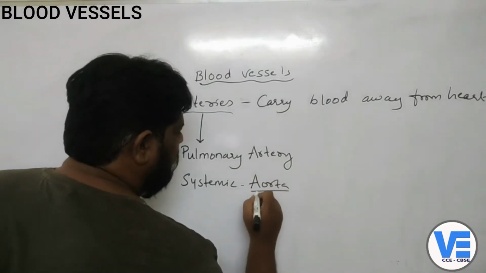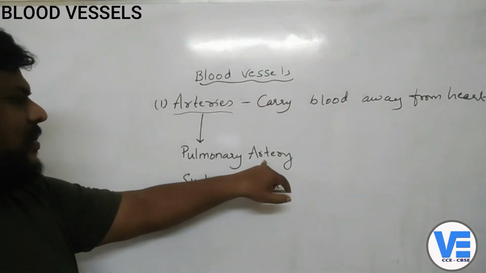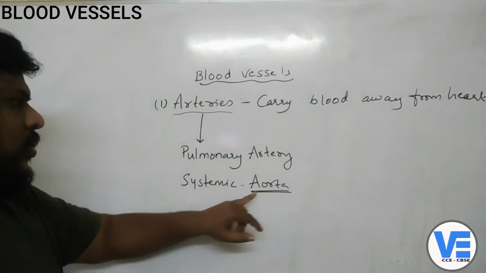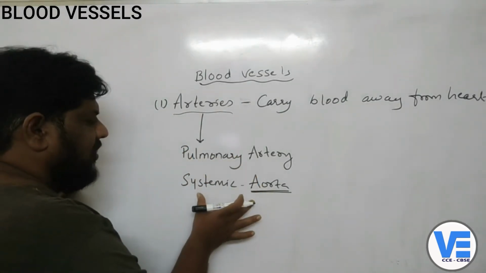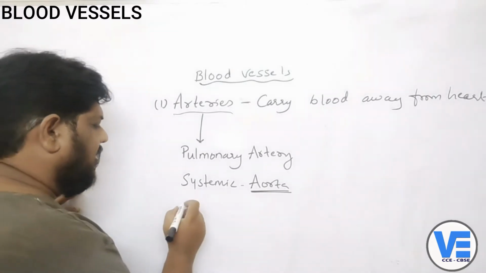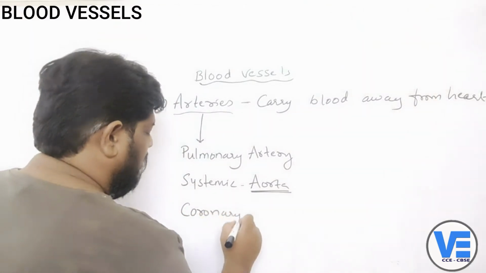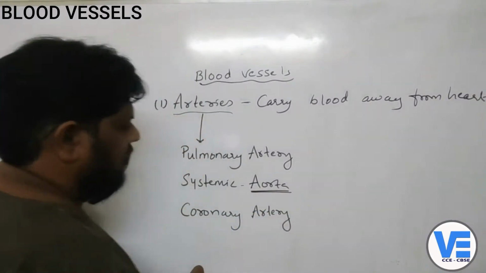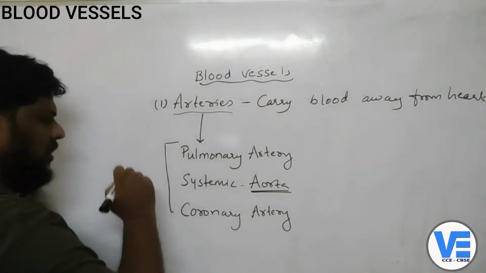The large arteries are called the aorta. Regular ones are called arteries, but the large ones are called the aorta. So one is the pulmonary artery, second is the systemic artery, and third is the coronary artery.